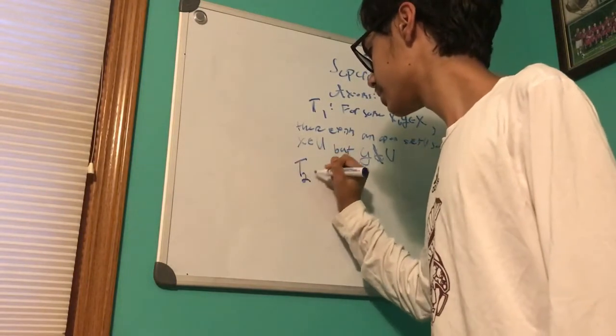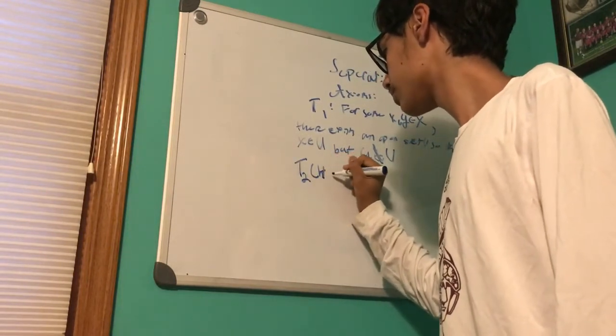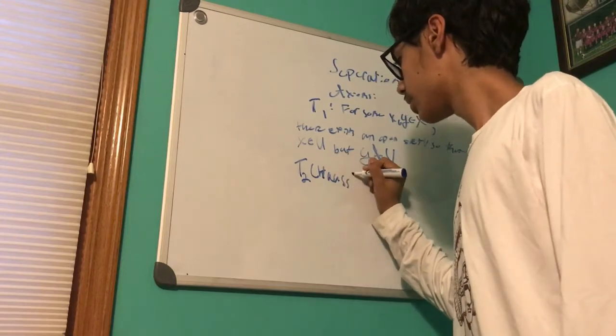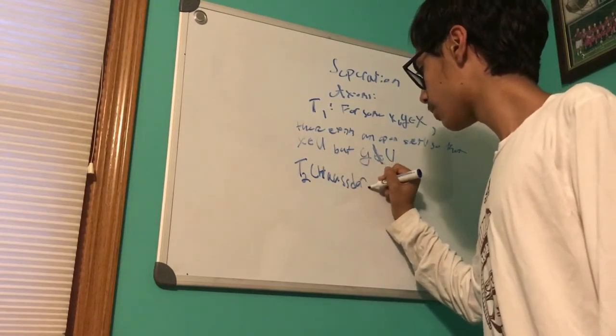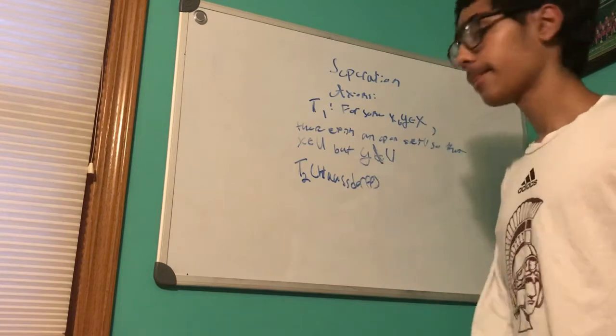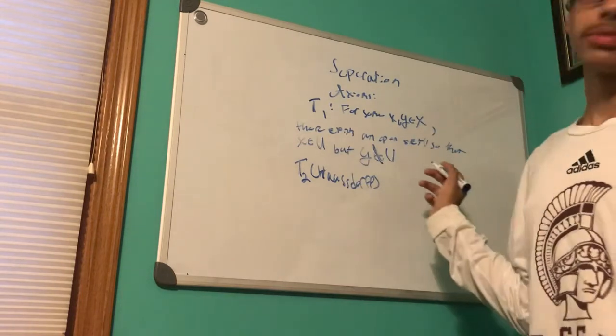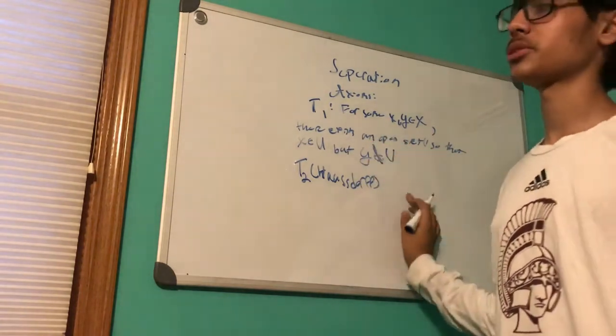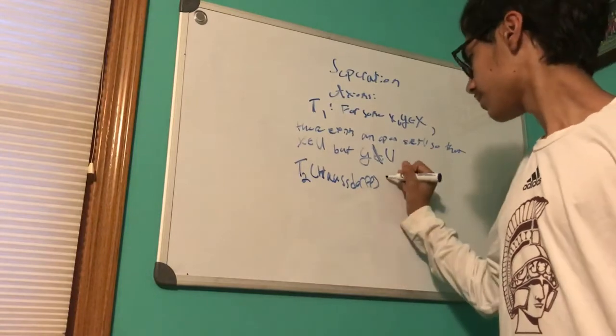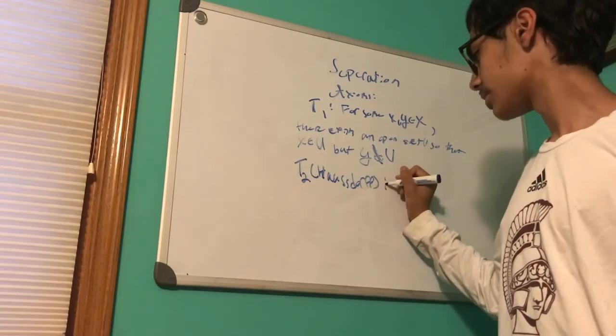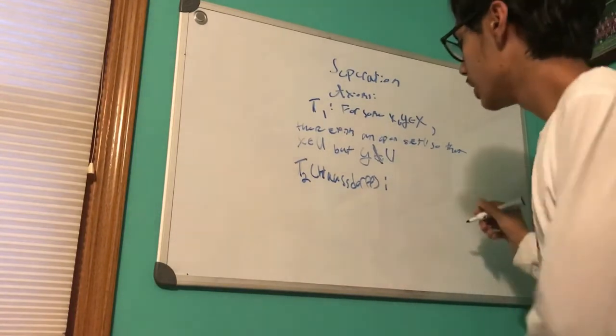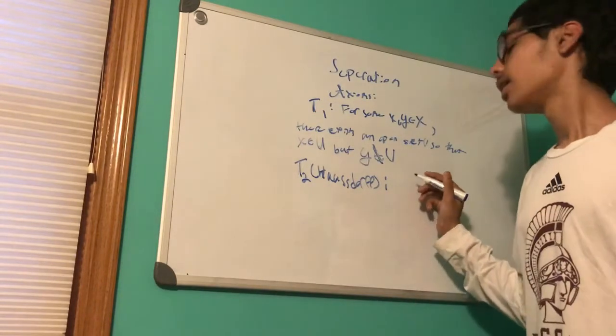T2 actually has its own name. T2, it's called Hausdorff. And it's one of the more important ones we're going to talk about. Of course, there are more important ones, not separation axioms necessarily, but other stuff. It's going to be more or less important depending on what we're doing. T2 Hausdorff.